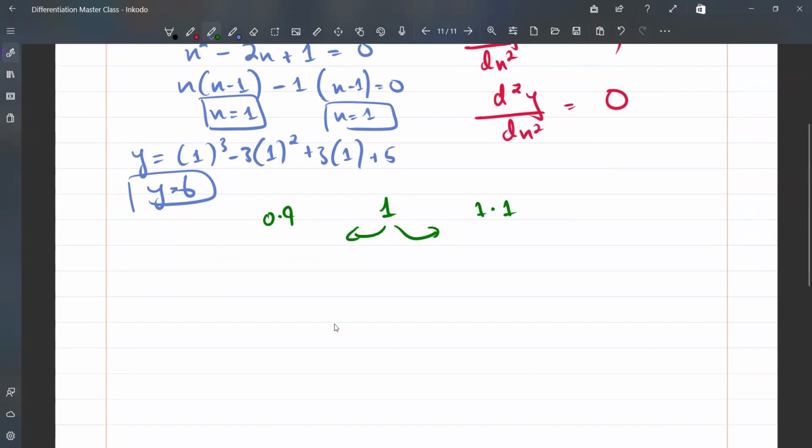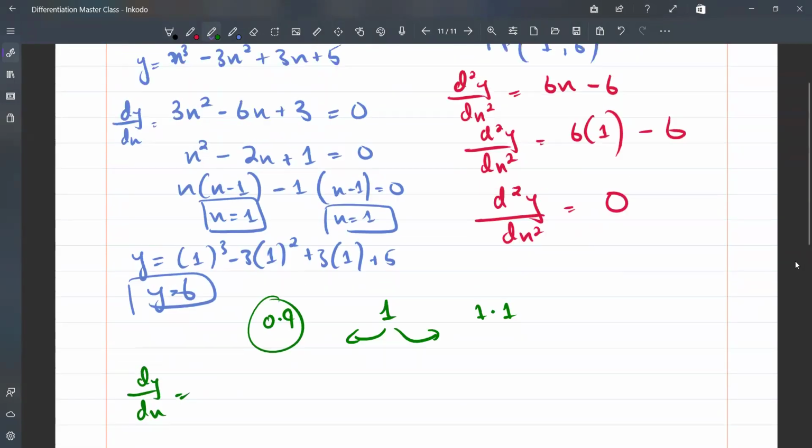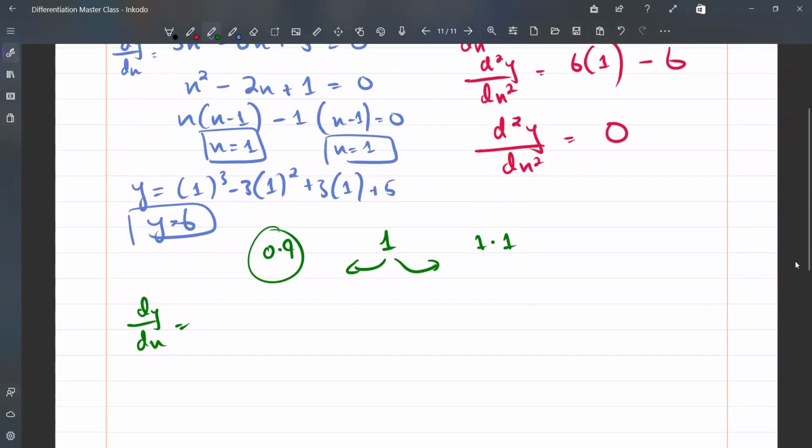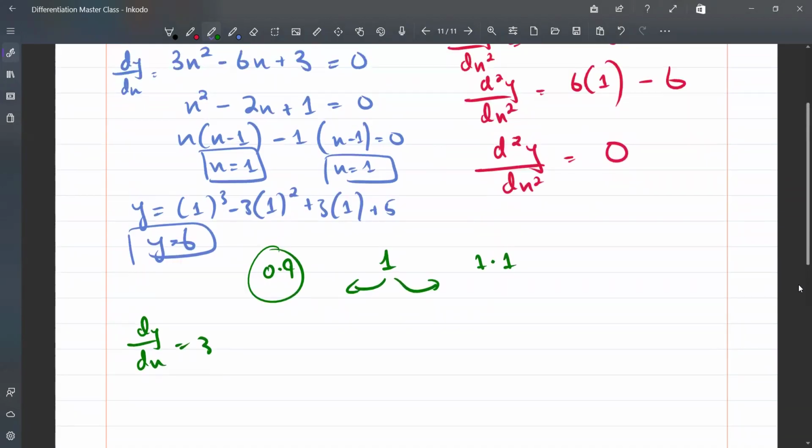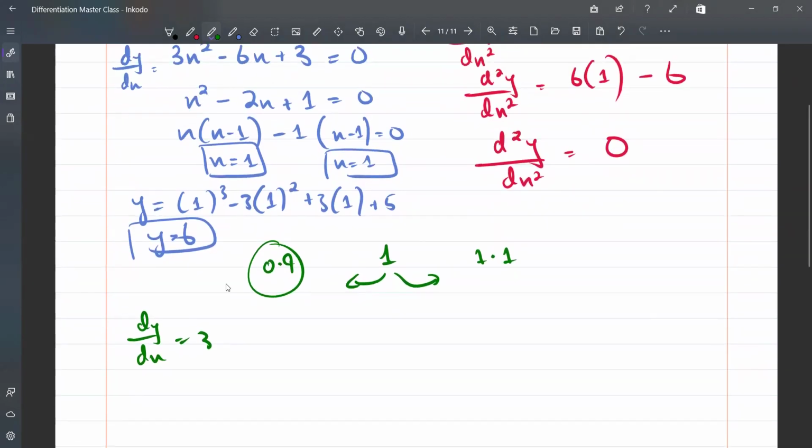So we put these in dy over dx, which is 3x square minus 6x plus 3. Let's put it in the simplified version, x square minus 2x plus 1.